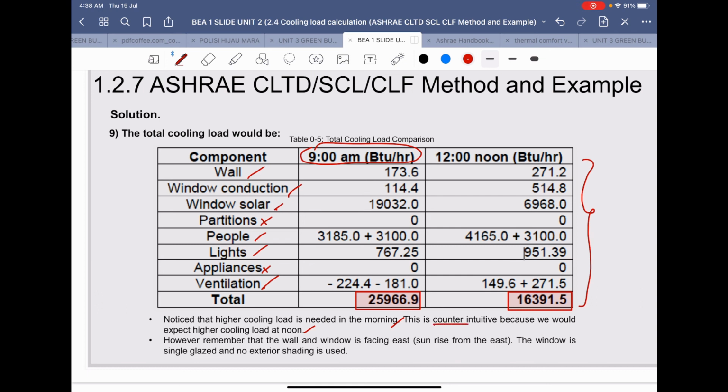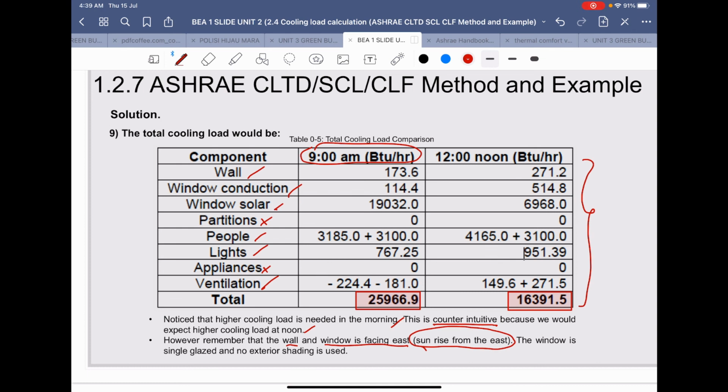It's far from the normal. However, remember that the wall and window are facing east. The sunrise is from the east. You can see that our situation is different. In our situation, only the east wall and window are facing the outdoor condition, while the north, west and south are not facing the outside condition at all.